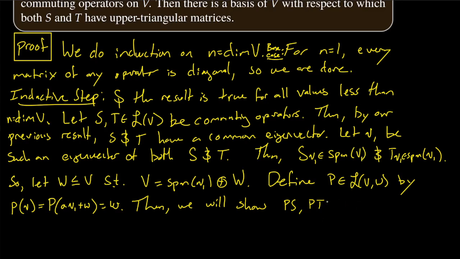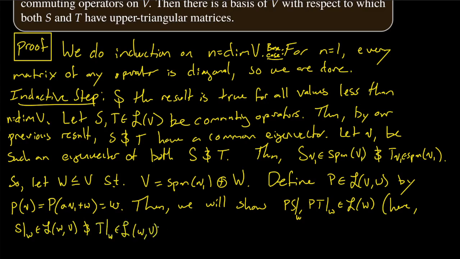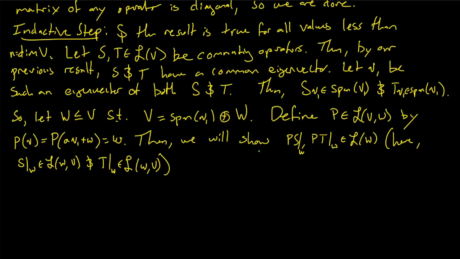I should really write this, where here I am maybe in some small way abusing our notation, and meaning by this restriction here, I mean that S restricted to W is in L(W, V) and T restricted to W is in L(W, V). So that's slightly different than our usual restricting an operator to an invariant subspace, since we don't yet know that S or T have W as an invariant subspace. So I just mean the usual restriction right here.